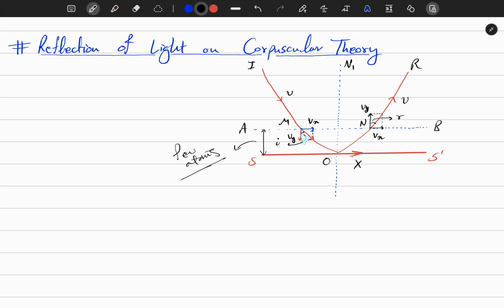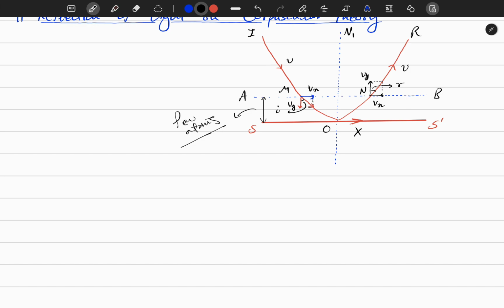Okay, so we can consider this as the normal, and the incident ray making an angle with this normal is called the angle of incidence I. And also here the reflected ray making an angle with the normal is called the angle of reflection R.